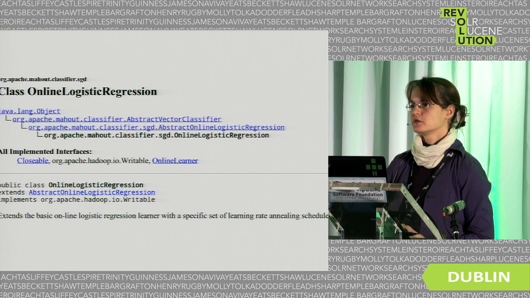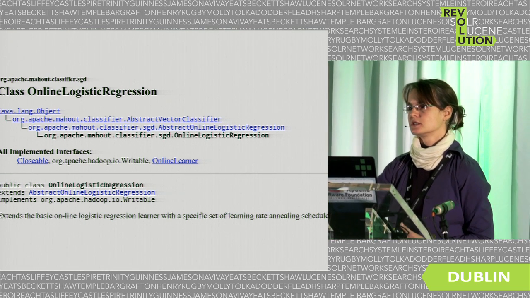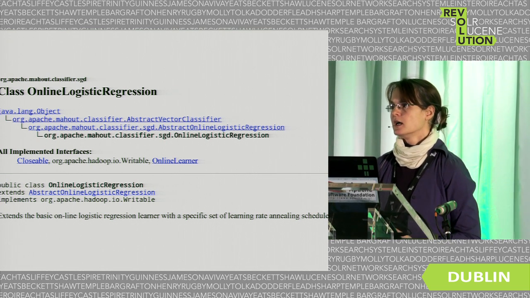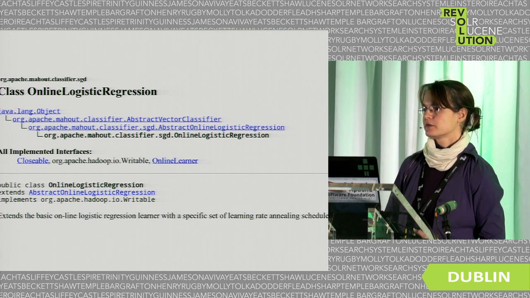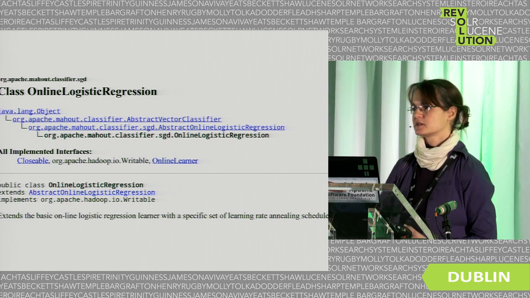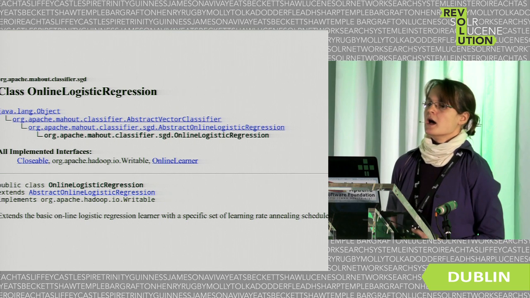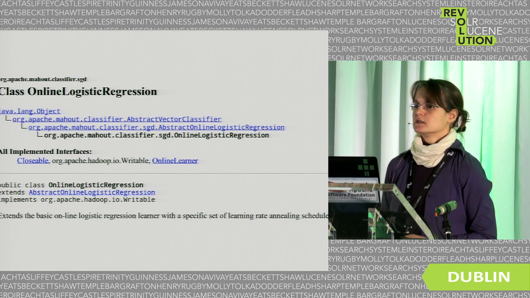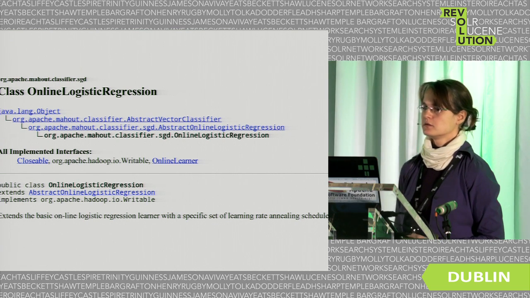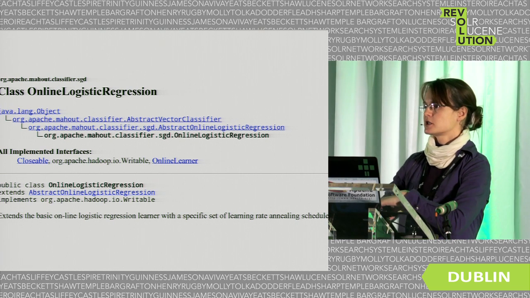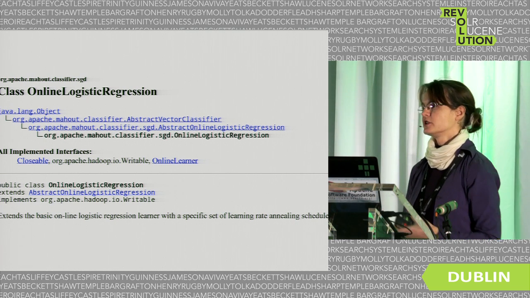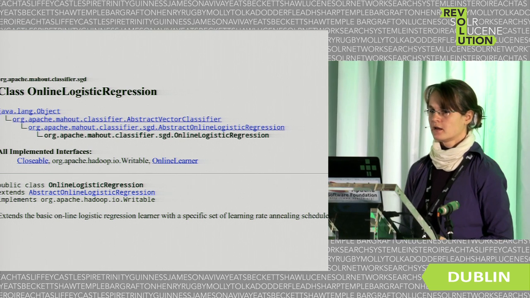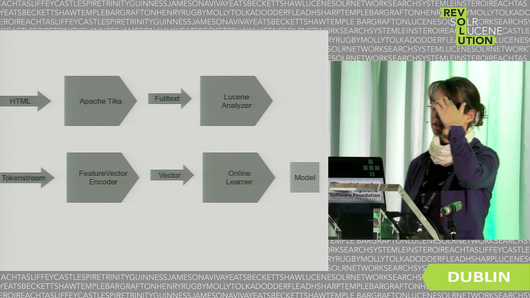You can do that in process, but you can also store them on disk because all the vectors in Mahout implement a writable interface. So you can read and write them from disk as you want. And this algorithm will then train a model, which you take, push to production, load there, and use in order to predict new instances.